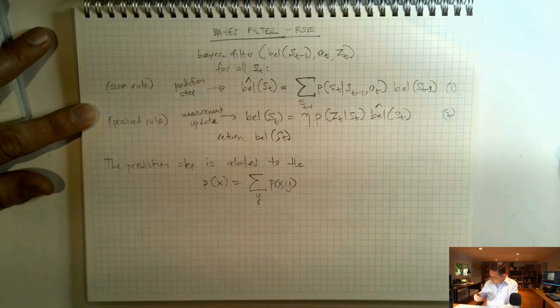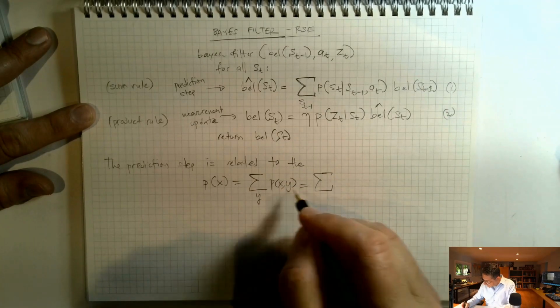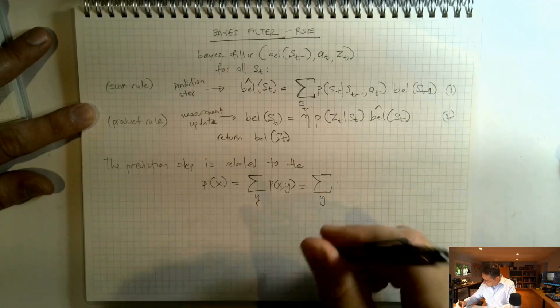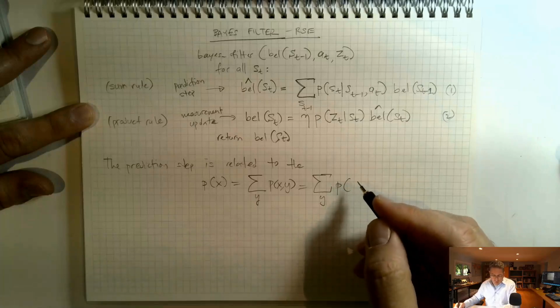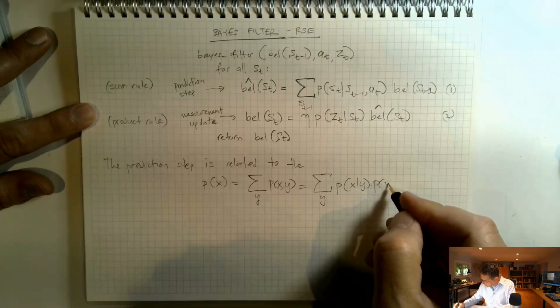or now that I can use also the product rule to expand this joint, it is p of x given y times p of y.